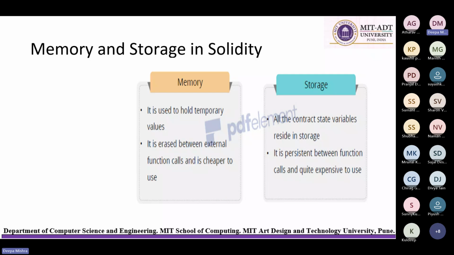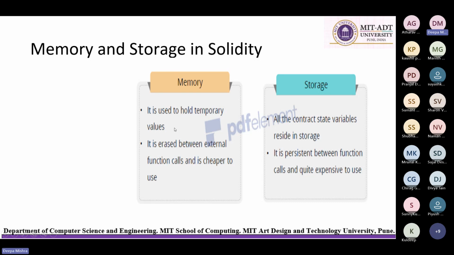Why do I need storage locations? Because when I'm declaring a variable, I need to store that variable somewhere. If I want to store any variable or data type, I have an option of using either memory or storage. Mostly, when we write our smart contracts, we are going to use memory. Let's understand the difference between these two.